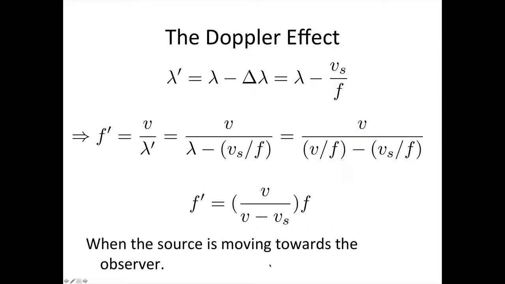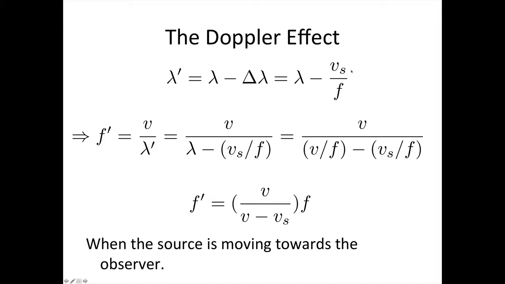Okay, so we can use this to work out what frequency that observer observes. So the observer now sees a shorter wavelength. The wavelength that they actually see is the initial wavelength emitted by the source minus that change in wavelength, which comes about because of the source moving towards the observer. So the Vs times T, which we said was the same as Vs on f.